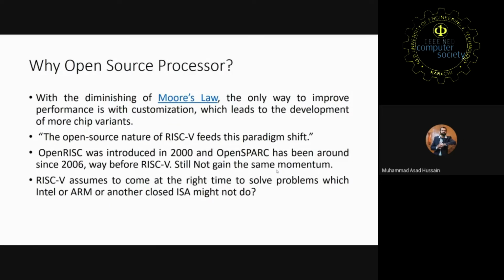Before that, OpenRISC was introduced in 2000 and OpenSPARC in 2006. But they didn't gain momentum, because at that time, in 2000 and in 2006, Moore's law was not diminishing that much. In recent years, Moore's law is diminishing, and fortunately RISC-V has gained the momentum.